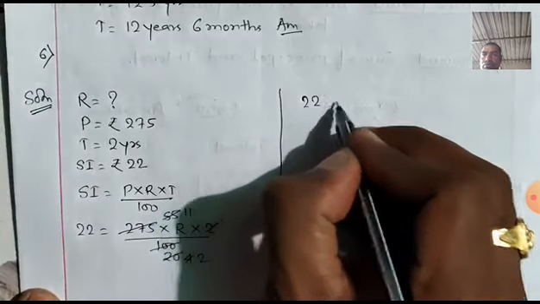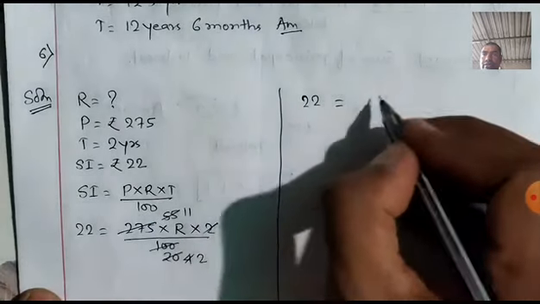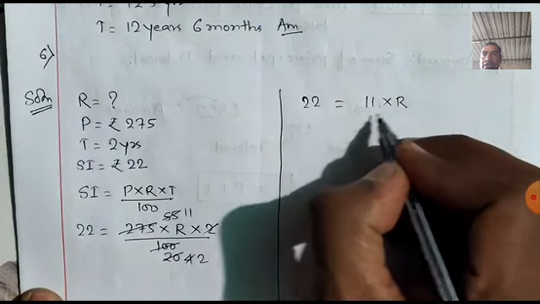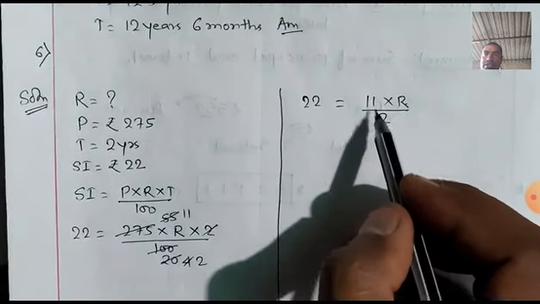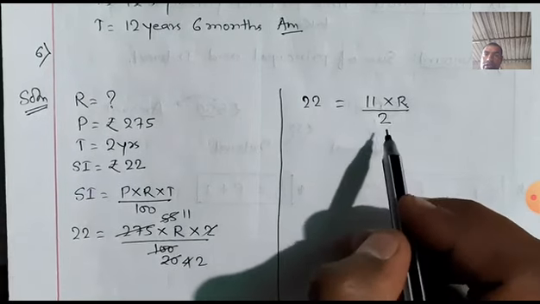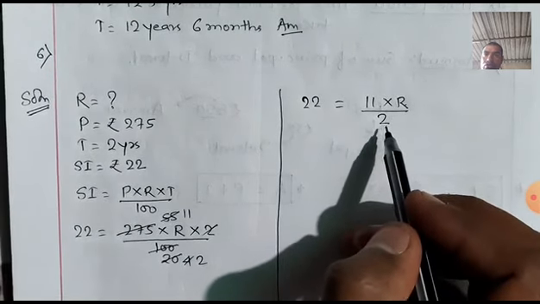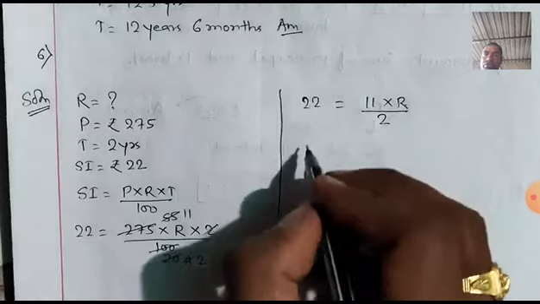So the next step, 22 is equal to 11 into R upon 2. We have to find the value of R, so you can send all this to the left side. So 2 becomes numerator and 11 becomes denominator.